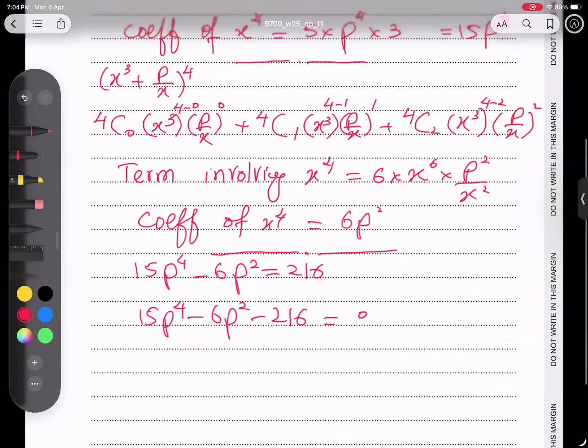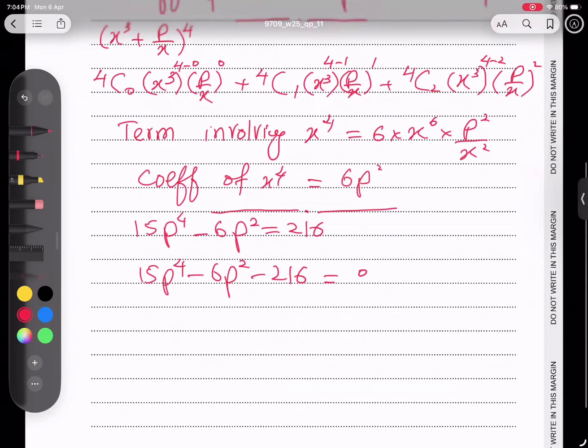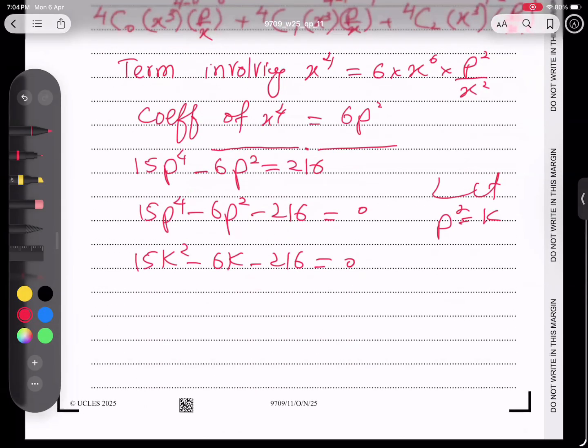Okay, I can apply the quadratic formula directly, or I can say p square is equal to k. So this becomes k square, here becomes k and minus 216. Okay, I can apply the quadratic formula or factorization.